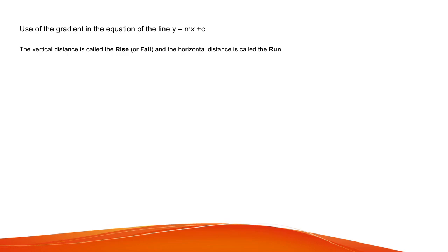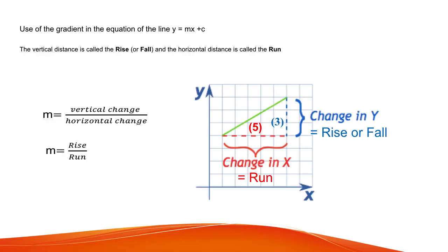The gradient is always the rise or the fall over the run, meaning the vertical change over the horizontal change. This is how it's denoted: the change in y, which is a rise or a fall, over the change in x, which is known as the run.